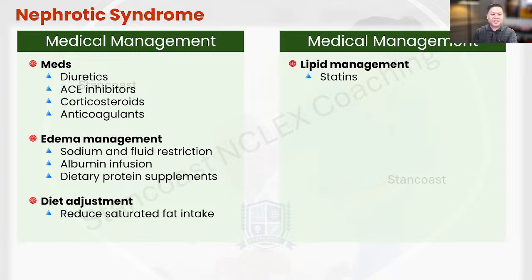So what they're going to do is actually inhibit the enzyme that is involved in the cholesterol synthesis of the liver, and they are going to lower the low density lipoproteins, which are what we refer to as the bad cholesterol level. And so this will really reduce the risk of the cardiovascular events.